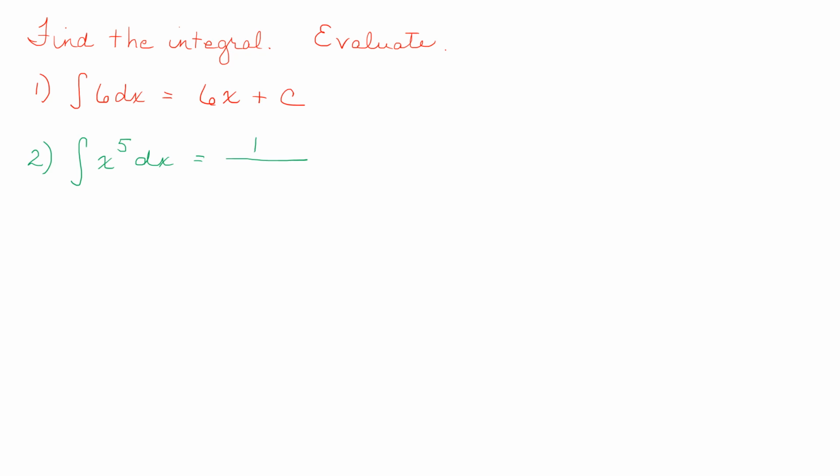It's going to be 1 over the exponent plus 1 times x to the exponent plus 1 plus c, which is 1/6 times x to the 6th plus c, or even simpler, x to the 6th over 6 plus c.